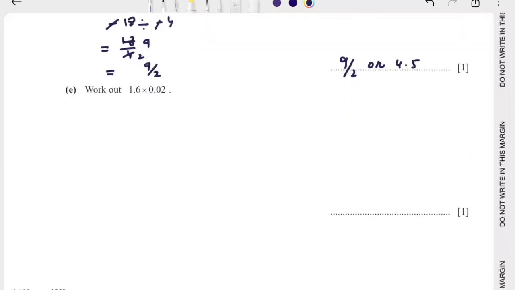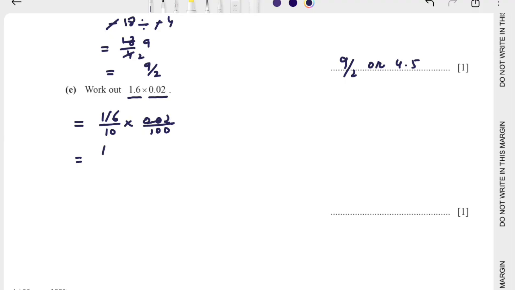E part, work out 1.6 times 0.02. So you can remove the decimal. 1.6 is 16 upon 10 times 0.02 is 2 upon 100. So the decimal is removed.